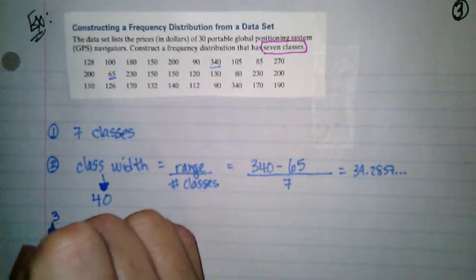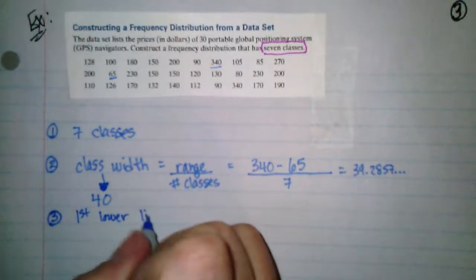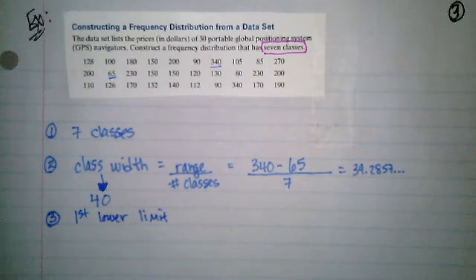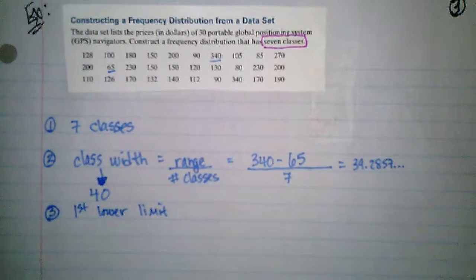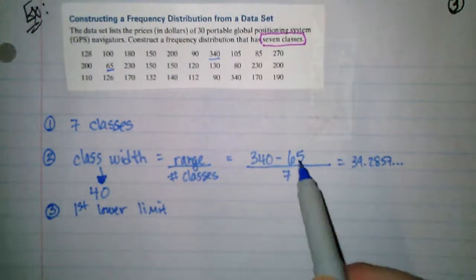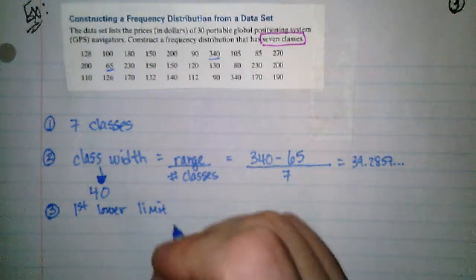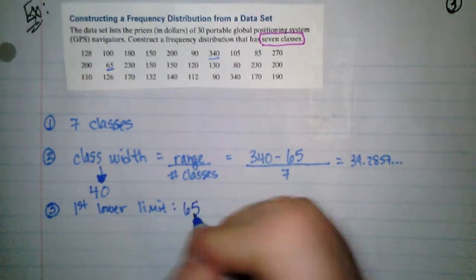Next, step 3, first lower limit. And then we're going to go from there to figure out our next lower limit, and we'll actually start going ahead and making our chart here in a moment. So our first lower limit, our lowest data value is 65, which seems like a pretty convenient number. So we will use 65.